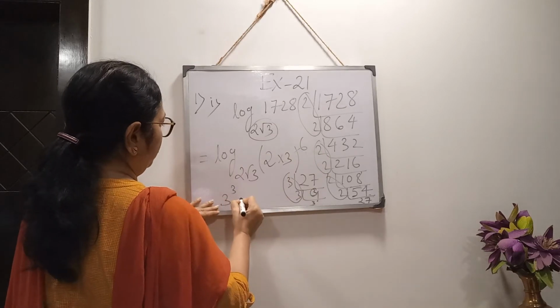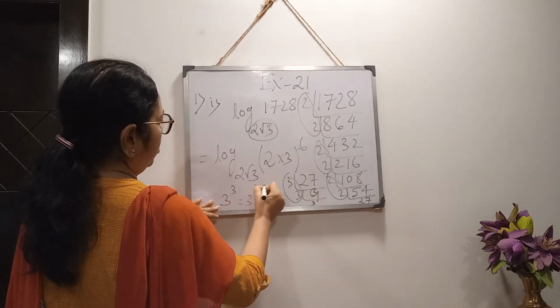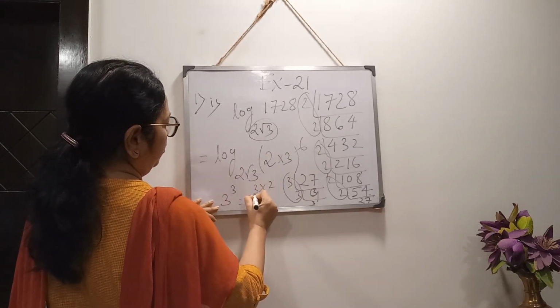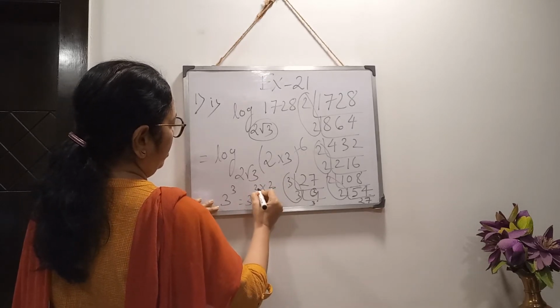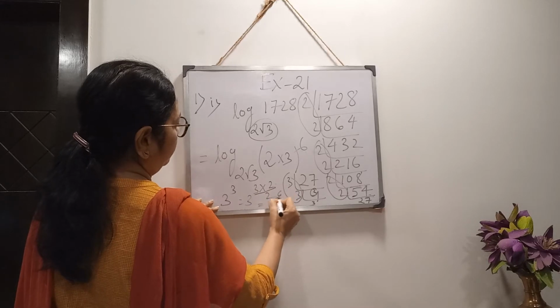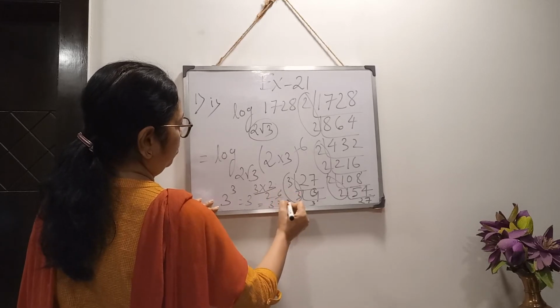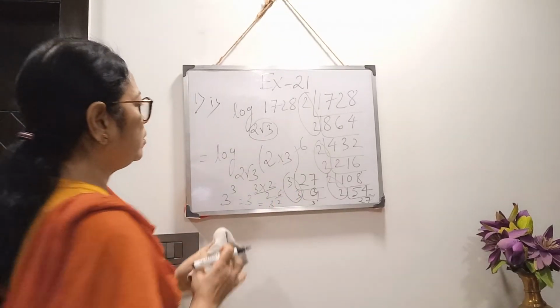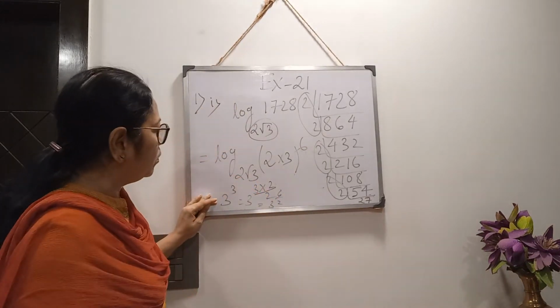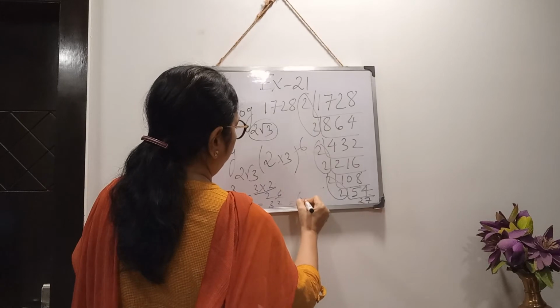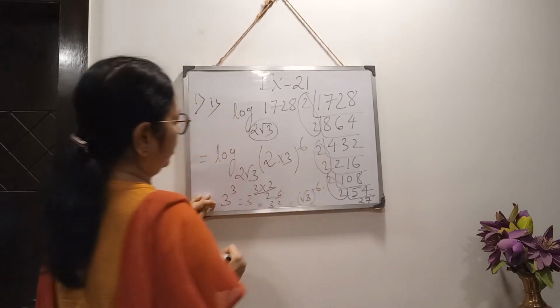So what I can do is multiply the power by 2 and at the same time divide by 2. Then it becomes 3 to the power 6 by 2, and 3 to the power 1 by 2 means root over 3. So this equals root over 3 to the power 6.